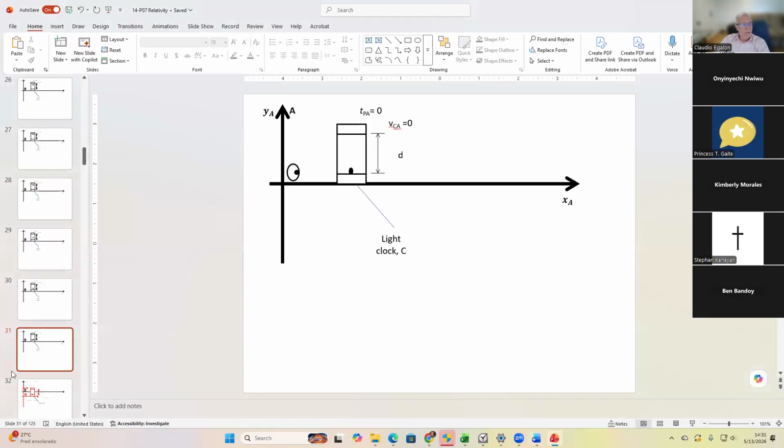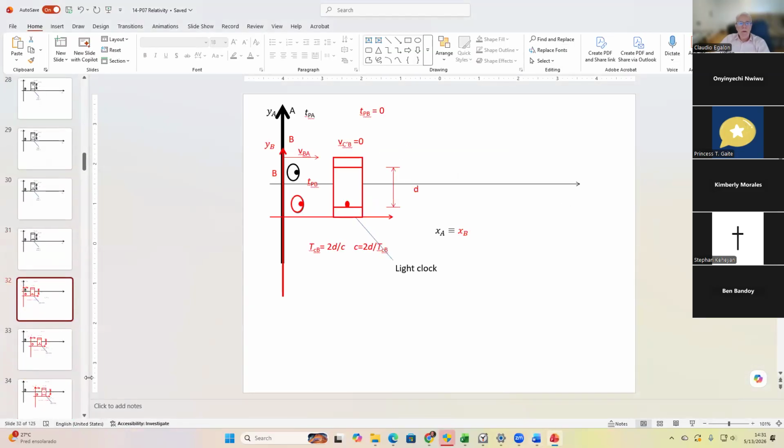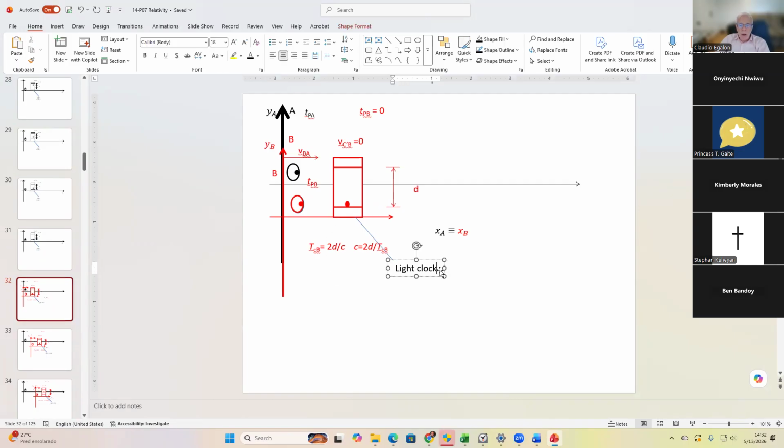And now we can use our other drawing. Referential B, observer of referential B. And now this light clock, I'm going to call it C prime, just to differentiate it from the previous clock.